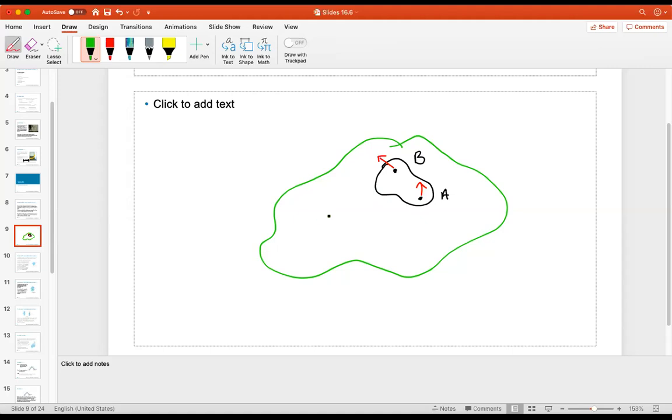So the green object moves with the black object. And the point is there's some location in this larger object about which everything is just rotating, and it undergoes a pure rotation.